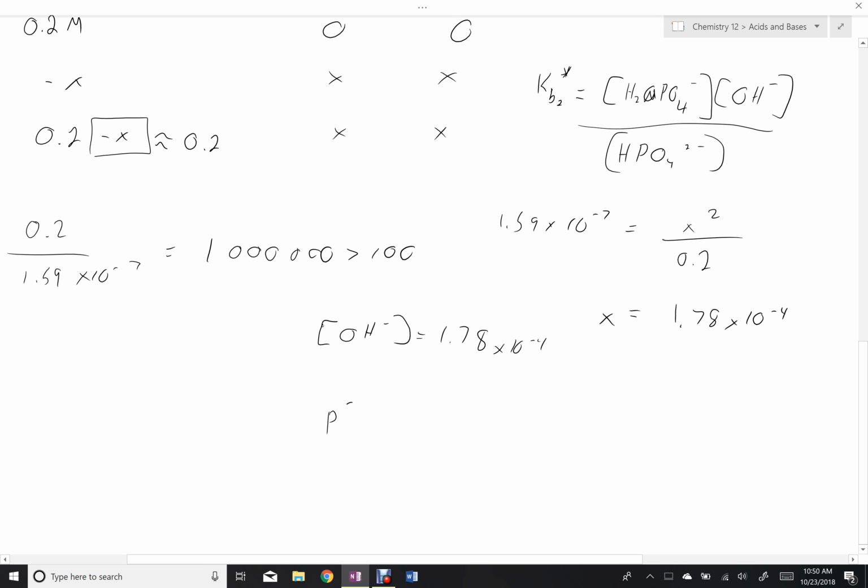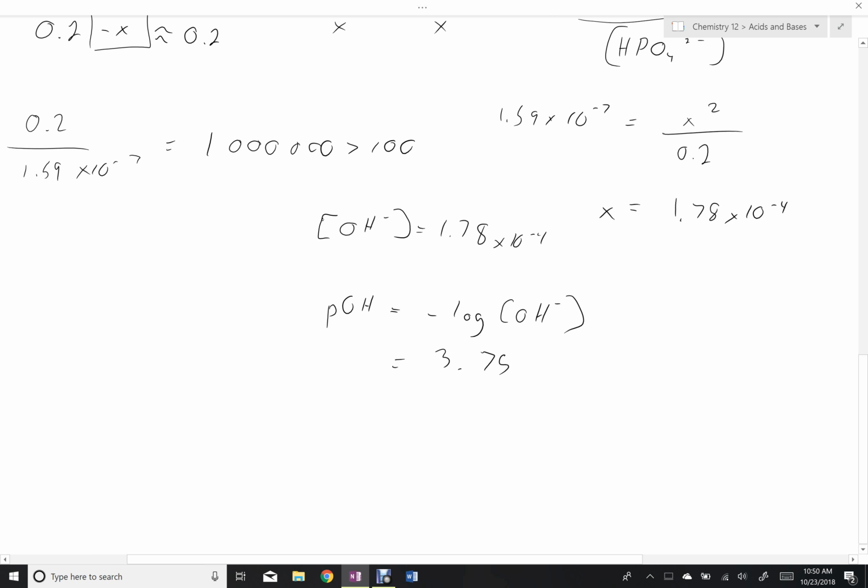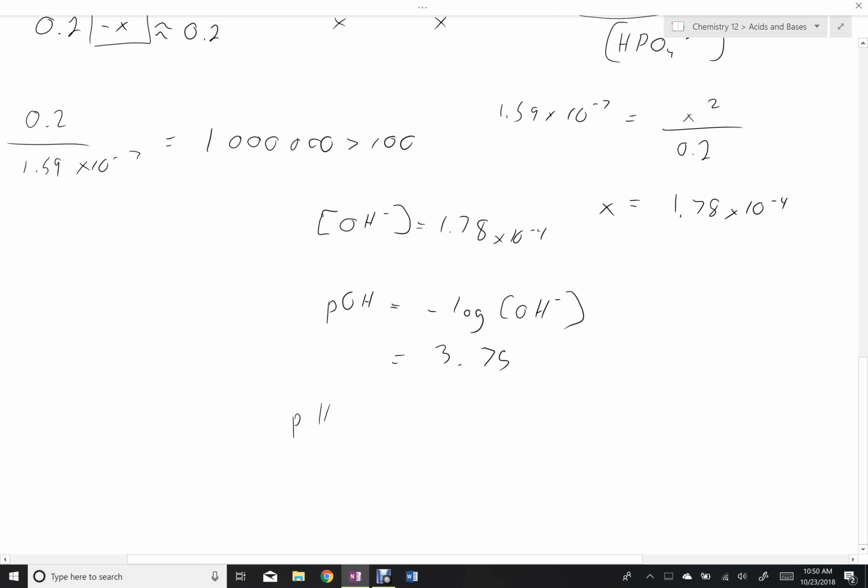So my pOH in this example will be negative log of my OH concentration, which is 3.75. And so my pH works out to be 10.25.